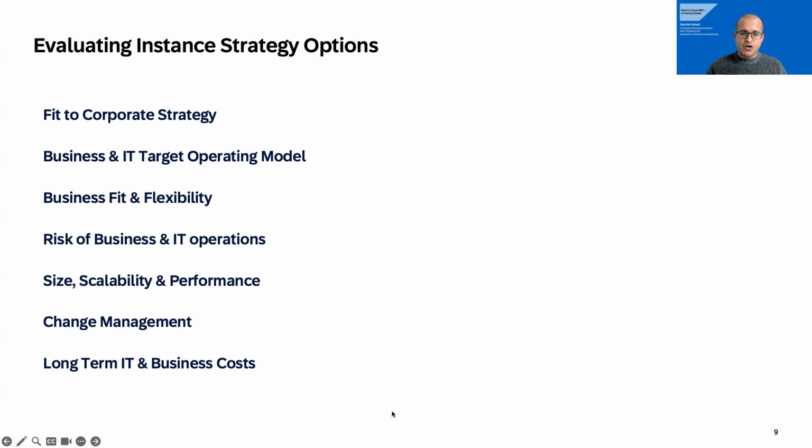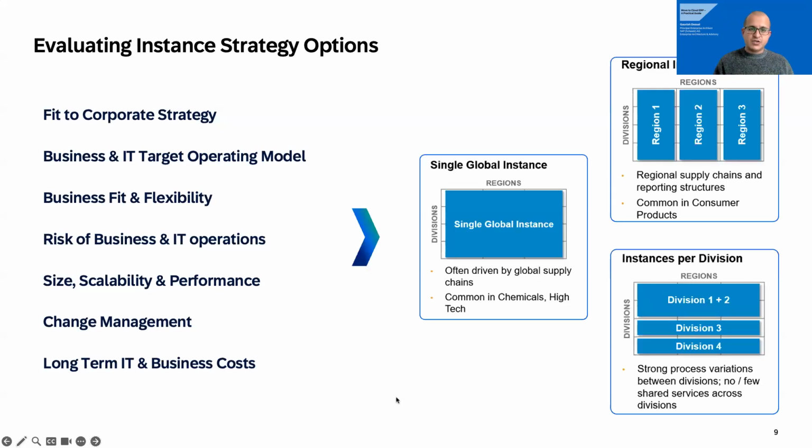And when you do all of this, you can come to largely 3 instance strategy patterns. So the first instance strategy pattern is where companies go for a single global instance in which all the regions, divisions, countries are part of one global instance with a templated process.